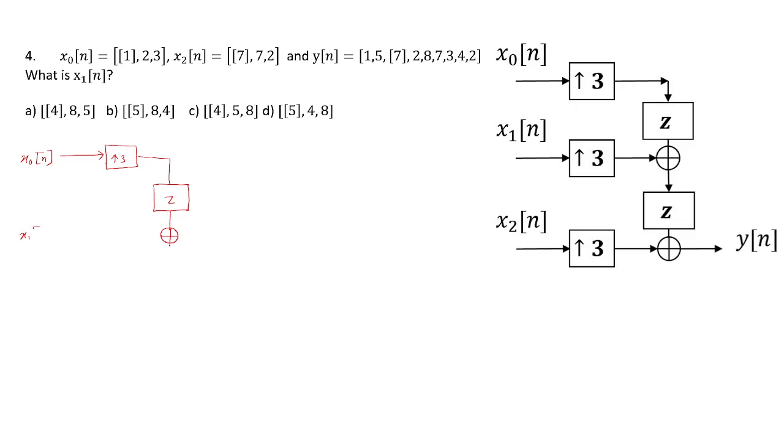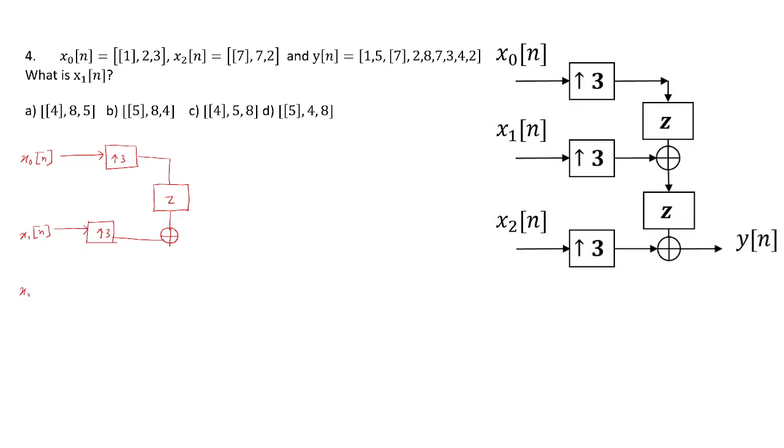You have another sequence x1 of n, pass it through an upsampler block, adding it up with the output of the branch above it.